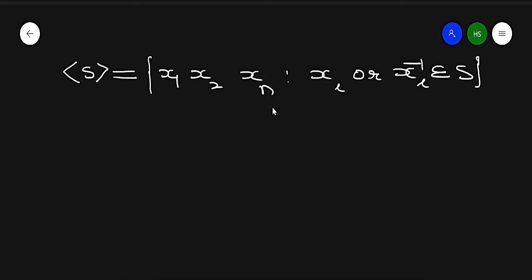This is the definition of the subgroup generated by any non-empty set. We will prove some examples related to this.